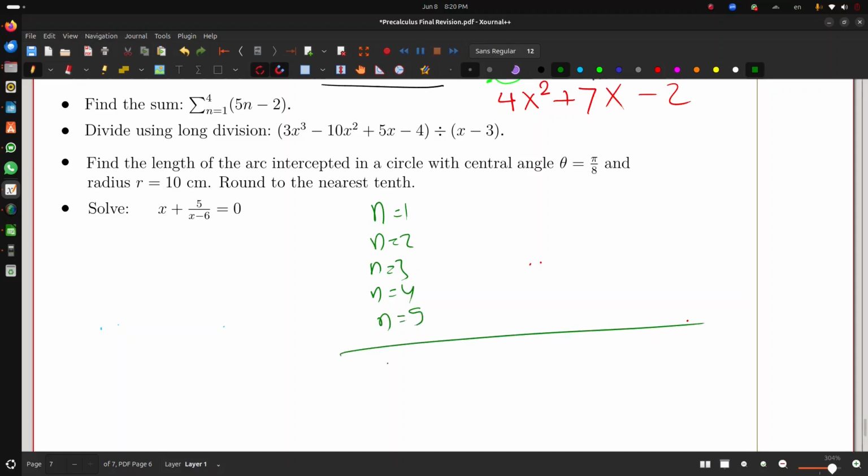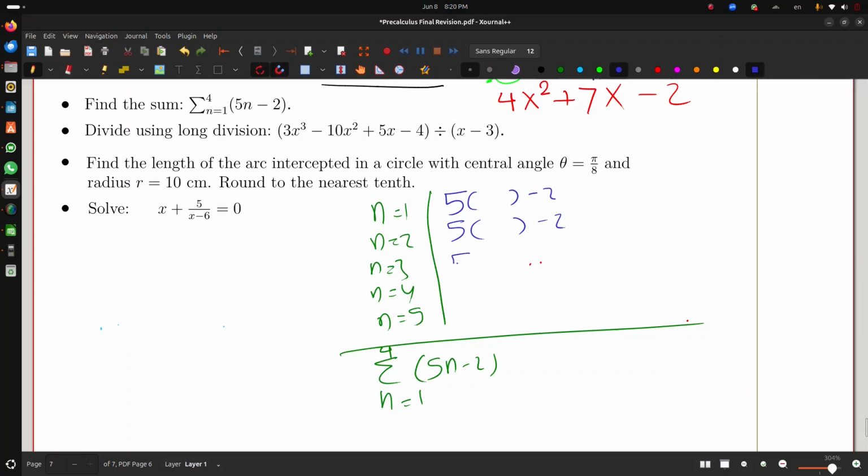Okay, we will just plug in the numbers so we can make the place ready. This is 5 minus 2, 5 minus 2, 5 minus 2, 5 minus 2, 5 minus 2.